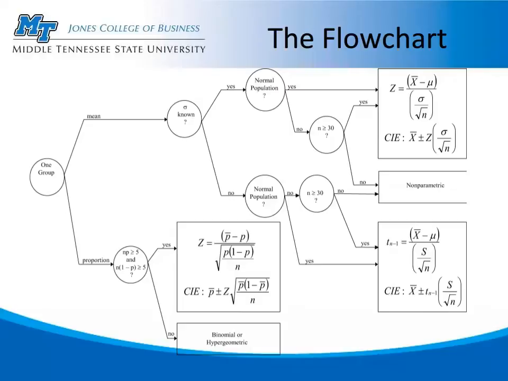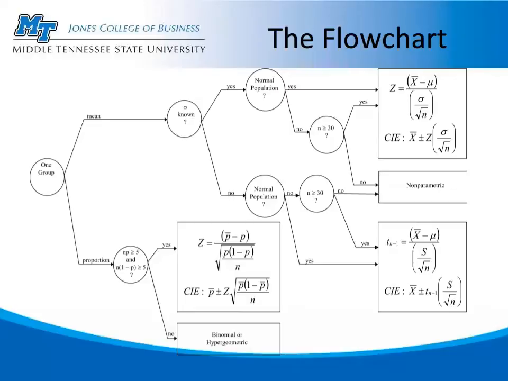If you know that value, if we have a normal population, well, we can just go ahead and use the z. But even if we don't have a normal population, or we may not know whether or not it's normal, if we have a big enough sample size, if n is at least 30, then we can still use the z.